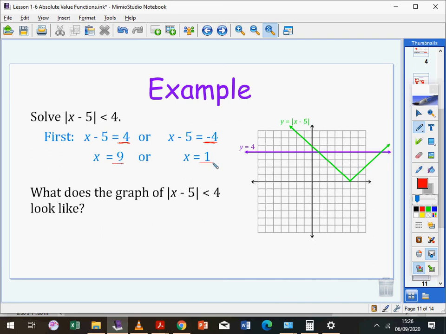Now, this just tells me the solutions of this function, right? It doesn't tell me all. Let me repeat that. It just tells me the zeros of this function. It just tells me the values of x where this function cuts the x-axis.